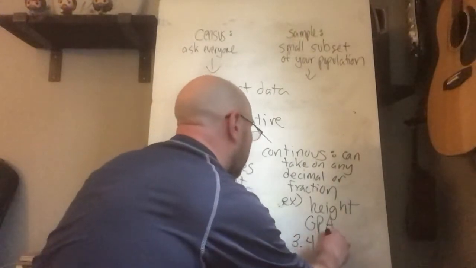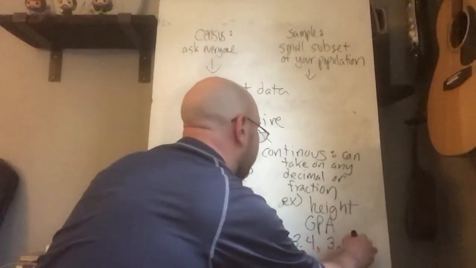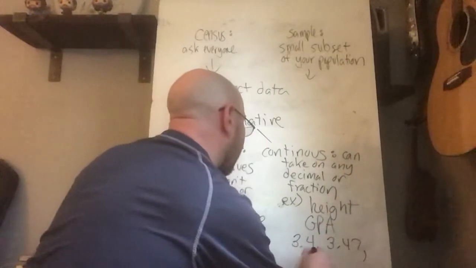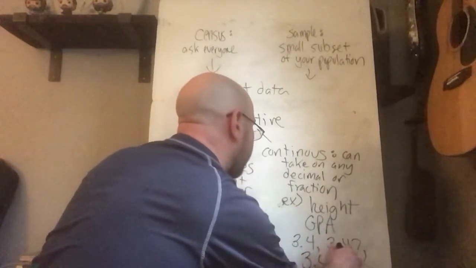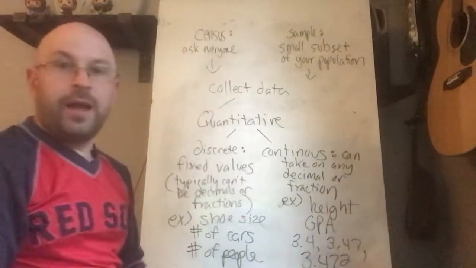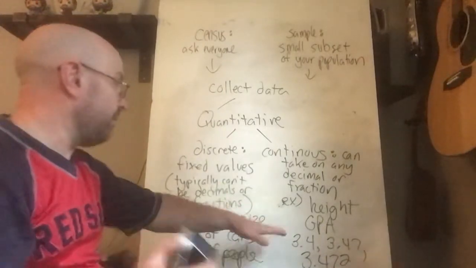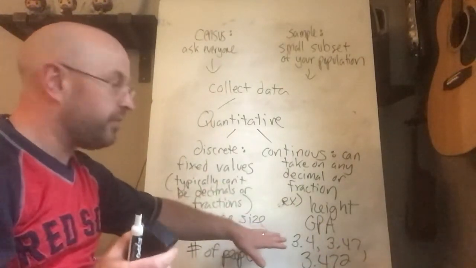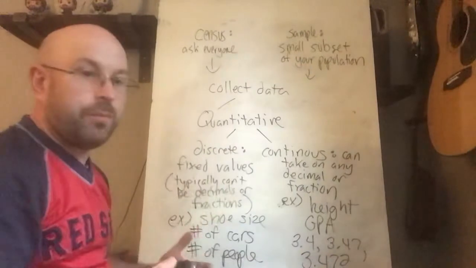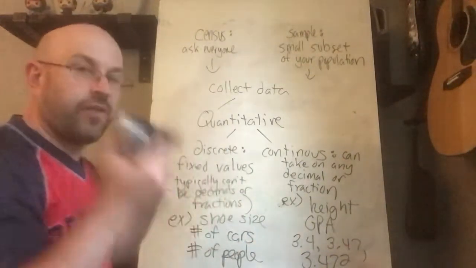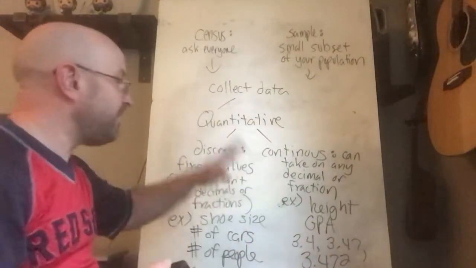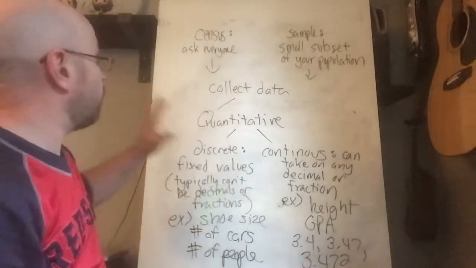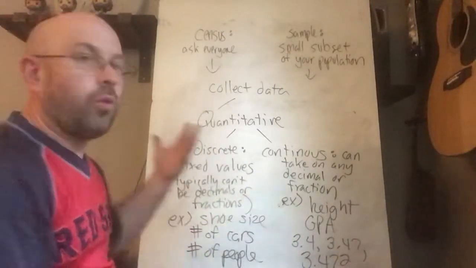Next person might say, well, I have a 3.47. Oh yeah? Well, I have a 3.72. In that case, you're getting down to some different values here. GPA is an example where it can take on any sort of fraction or decimal. That's continuous. So you have discrete and continuous quantitative data.